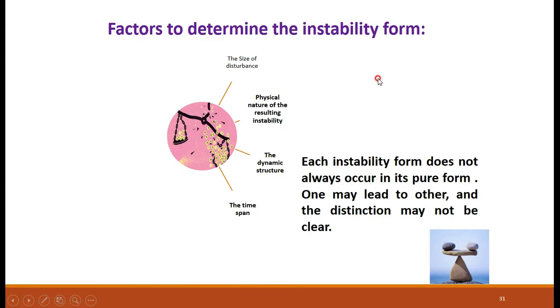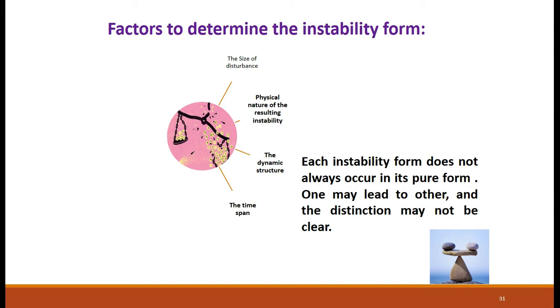The factors that determine the instability form, which cause the instability, are listed here. One is the size of the disturbance. If the disturbance is very large, it is prone to instability. The second is the physical nature of the resulting instability, that is, the physical effect, for example a tree falling on the transmission network, disrupting the whole transmission network.